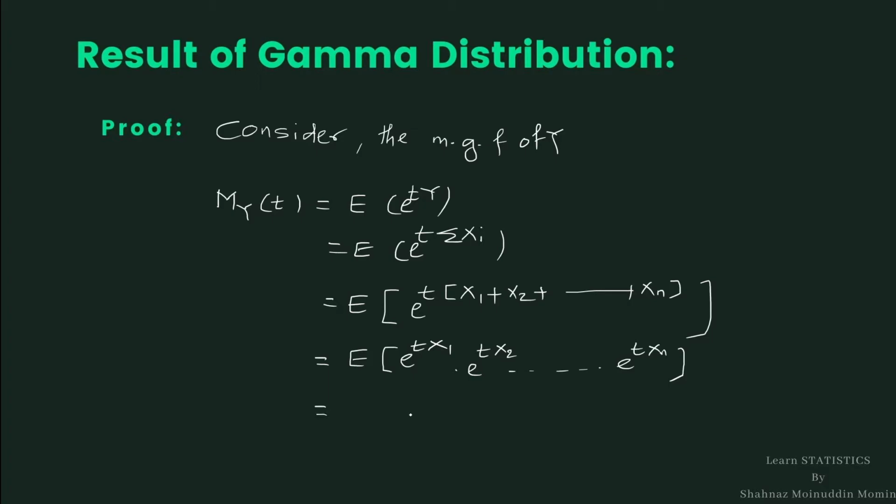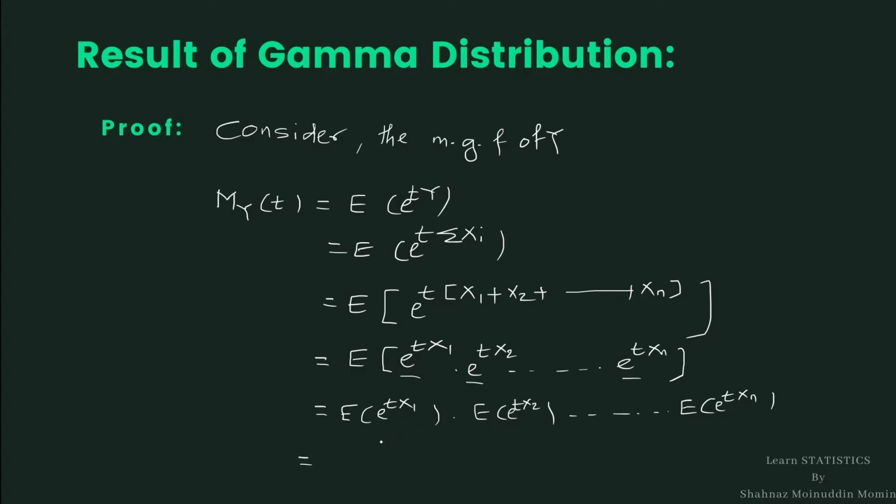Since x1, x2, ..., xn are independent, e raised to t x1, e raised to t x2, ..., e raised to t xn are also independent, and by the theorem of expectation of independent random variables, one can write it as expectation of e raised to t x1, into expectation of e raised to t x2, into ... into expectation of e raised to t xn.